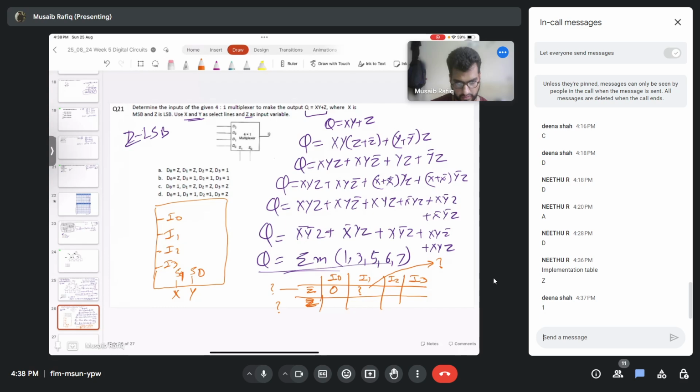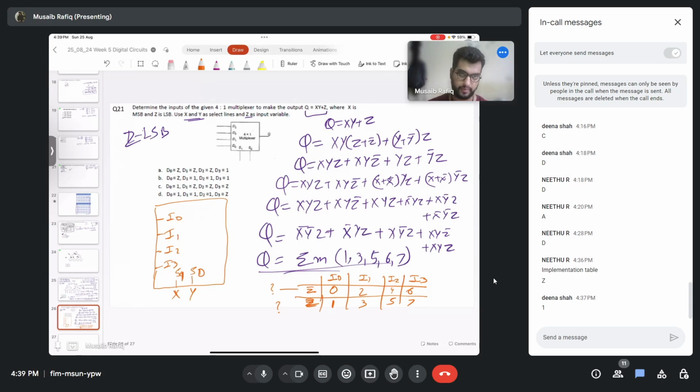I see someone has written 1. Is 1 correct? Should I write 1 here? I'm not getting any response, but in this case, I'll write 1 here, and 2 here, 3 here, 4 here, 5 here, 6 here, 7 here.